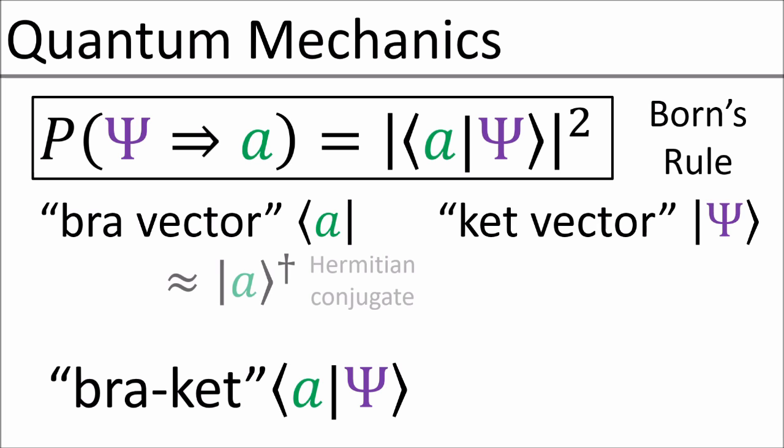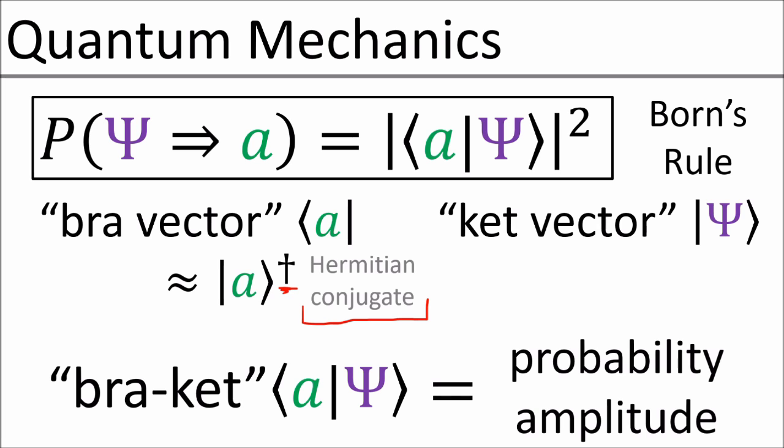A bra vector is given by the complex conjugate transpose of a ket vector. This operation is also called the Hermitian conjugate and is denoted by a dagger. The result of this bracket is called the probability amplitude for the state transition, and the actual probability value is the squared magnitude of this probability amplitude.